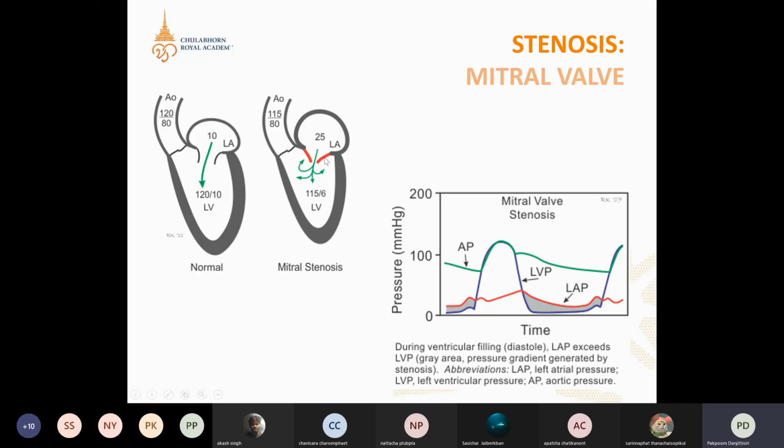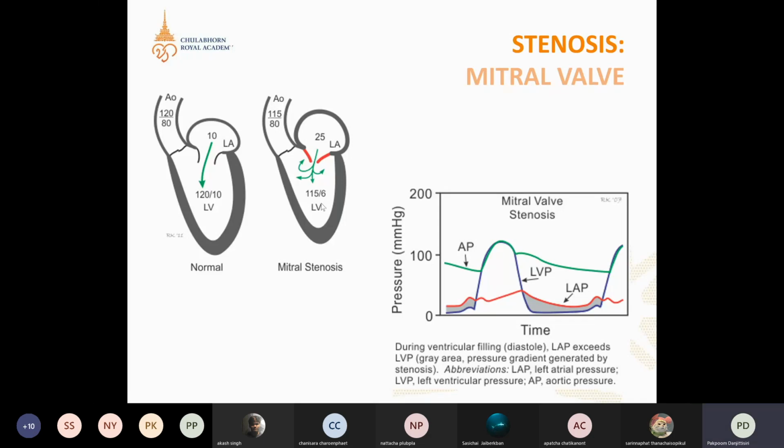At the same time, the blood volume cannot pump out of the left atrium into the left ventricle. So it will cause the left ventricular volume during the diastole to be lesser.